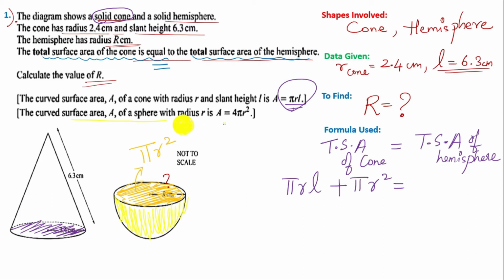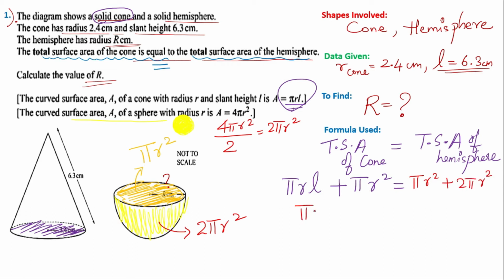We don't need the complete sphere, we just need half of it. So I'll be dividing 4 pi R squared by 2, which is 2 pi R square. Talking about the total surface area, it will be pi R square plus 2 pi R square. So pi R squared plus 2 pi R square is the total surface area of the hemisphere.